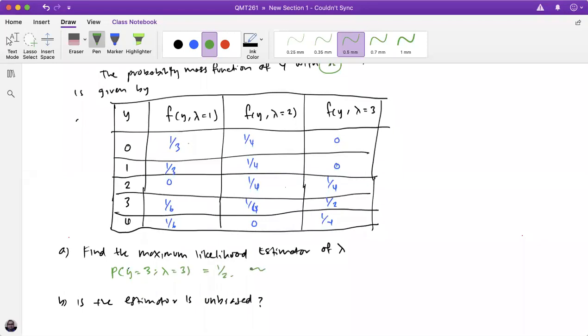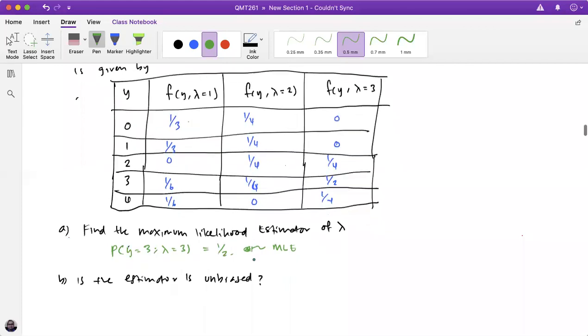So this is the maximum likelihood estimator for lambda. Based on the name, we want to find the largest probability value. So the question is whether the estimator is unbiased.